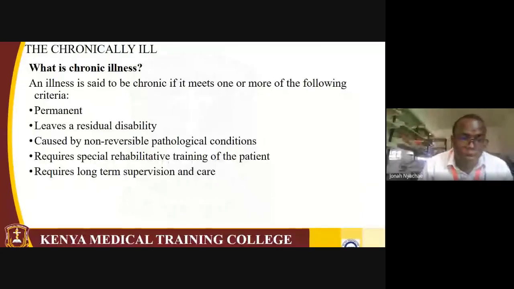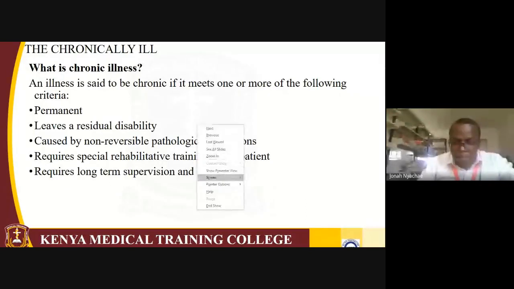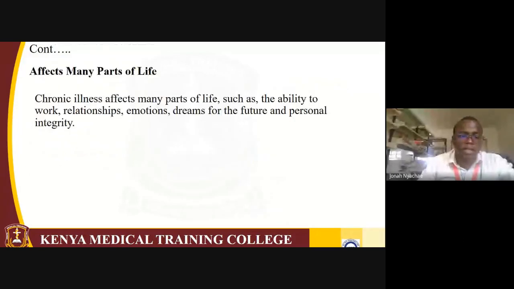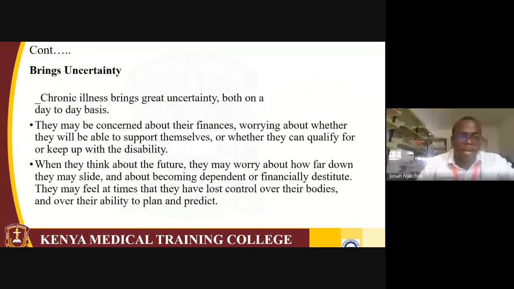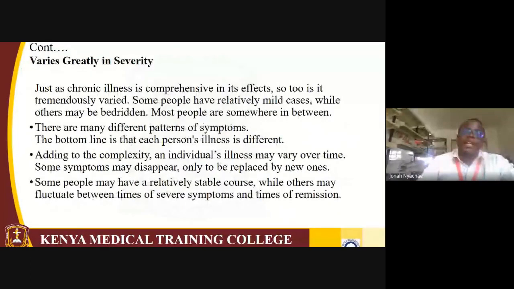Yeah, so we're talking about chronically ill patients, and we said that it brings a lot of uncertainty when there's a person who is chronically ill. Chronic illness also varies with severity.